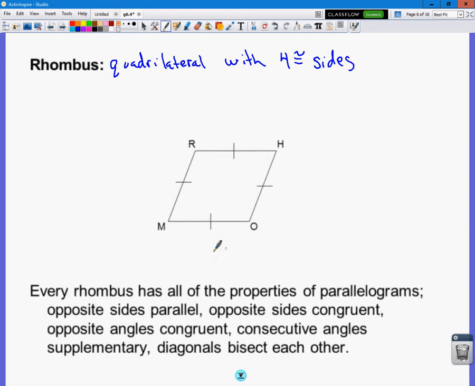That makes this a rhombus. Since opposite sides are congruent, every rhombus is a parallelogram. Everything that's true about a parallelogram is also true about the rhombus. And it has a couple additional properties that we're going to talk about in a minute. This is just simply so we can identify it and we know what its definition is.